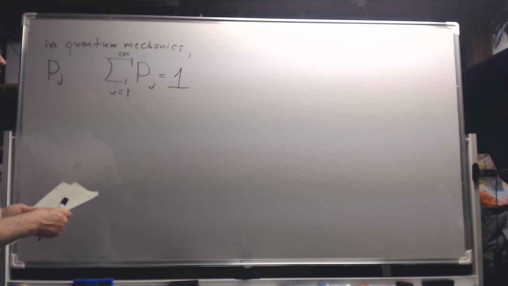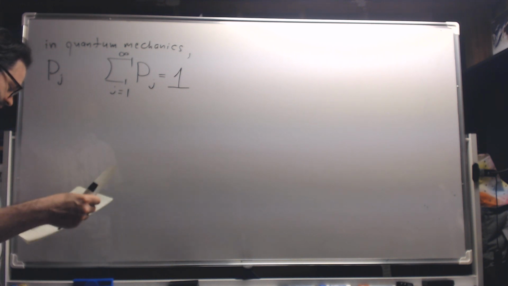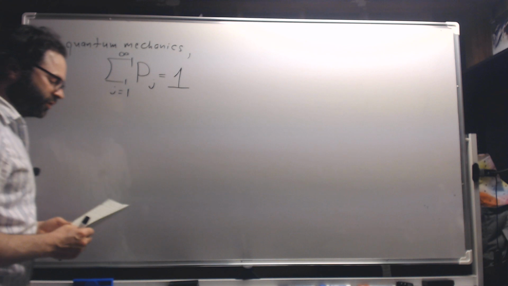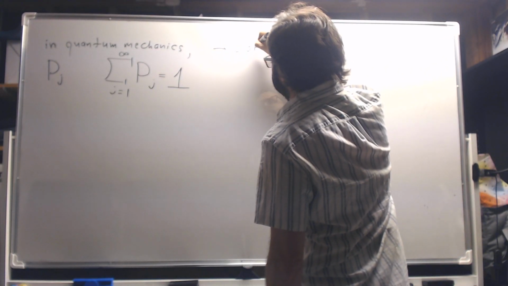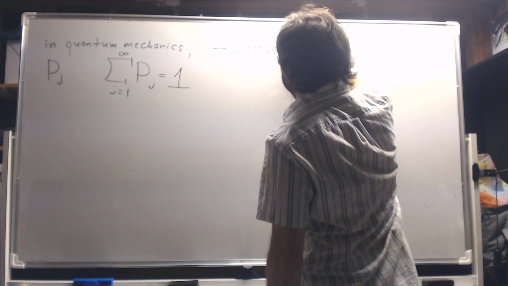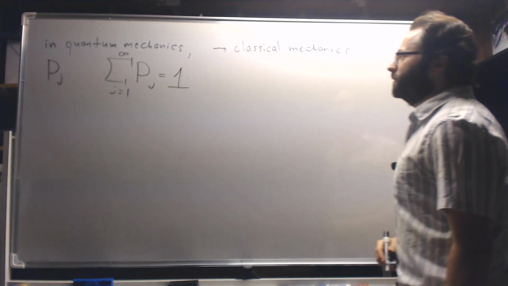But because our variables, x and p, position and momentum, are continuous, as I just mentioned, we can't do that. And so we speak classical mechanics, Newtonian mechanics.